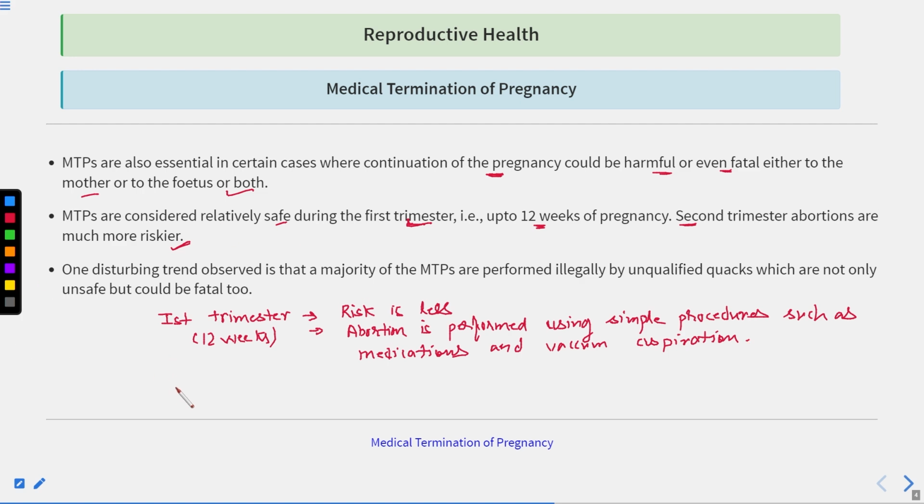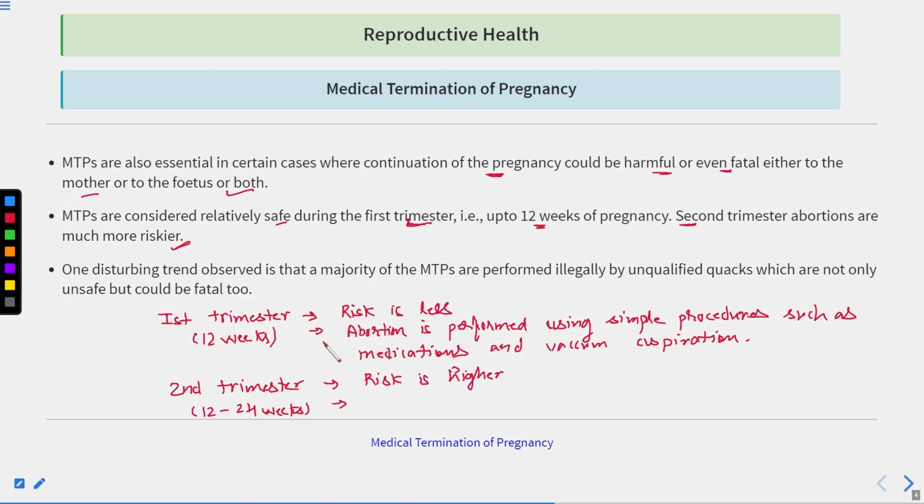But if the abortion is being done in the second trimester, or you can say from 12 weeks to 24 weeks, here the risk is higher. Why is the risk higher?